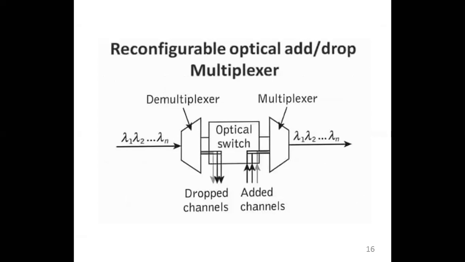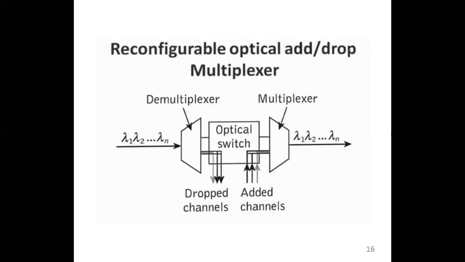So it basically does the adding and dropping of the channels, which a normal OADM will do. However, it is reconfigurable, which implies that it gives us the flexibility to add and drop any channel at any time. Whereas if you compare this with the static OADM, in that case we had pre-decided which wavelengths to drop and which wavelength to add.